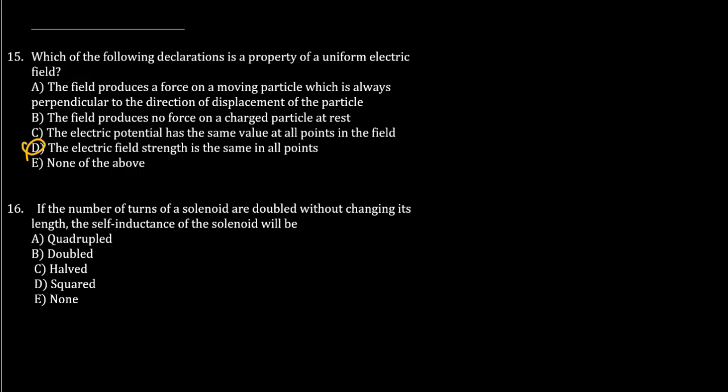Question number 16. If the number of turns of a solenoid are doubled without changing its length, the self-inductance of the solenoid will be, so the relationship between the length and the number of turns, sorry, the inductance L, the self-inductance L is related to the length and the number of turns by n squared times the permeability mu times the area A divided by the length L. So we have said that the length is kept constant.